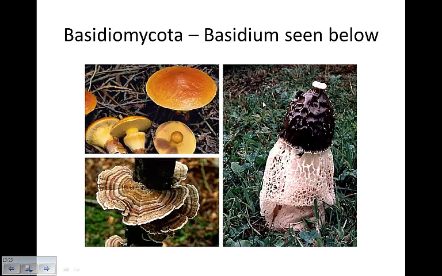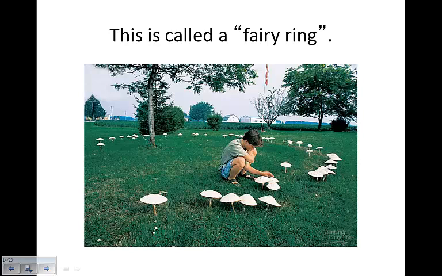Then Basidiomycota. The basidium is seen below, and basidium means club, and the basidium is found on the large basidiocarp mycelium. The fungi are very important decomposers. They break down the lignin of the plant cell walls, and examples of this are these fairy rings, which come from the underground structure of the mycorrhiza.